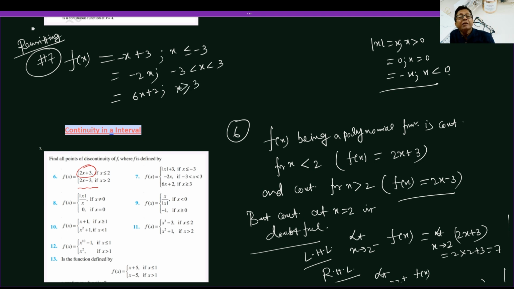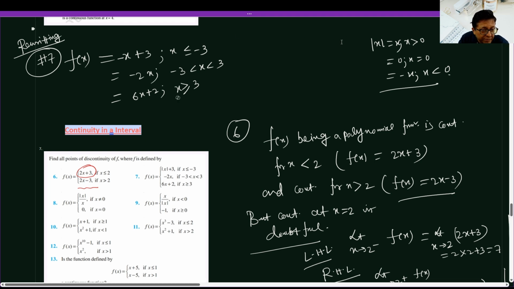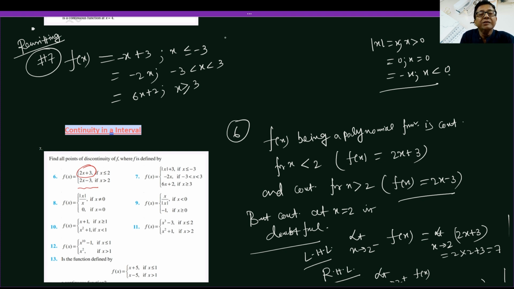For a board descriptive question, again you will start in the same manner: being a polynomial function, it is continuous everywhere without continuity at the points minus 3 and 3.